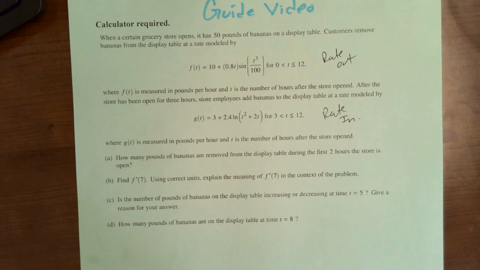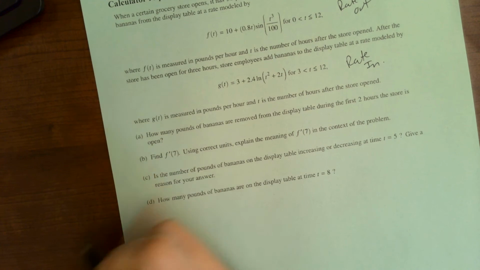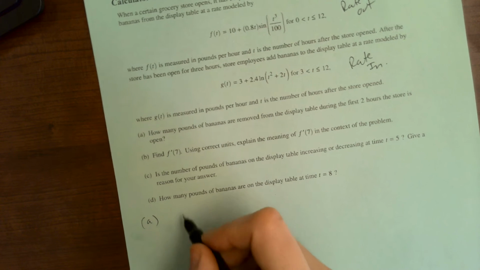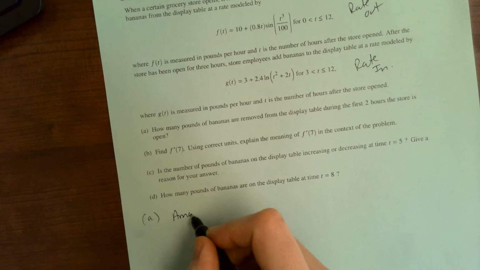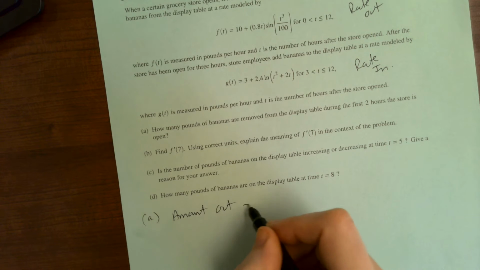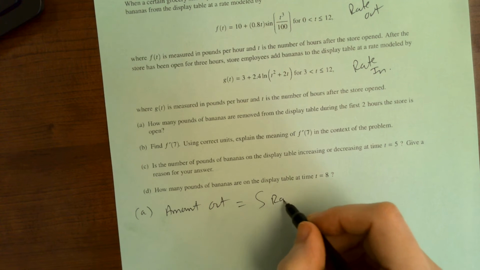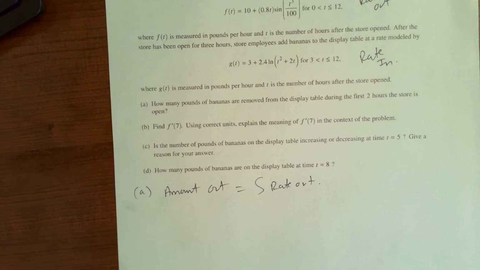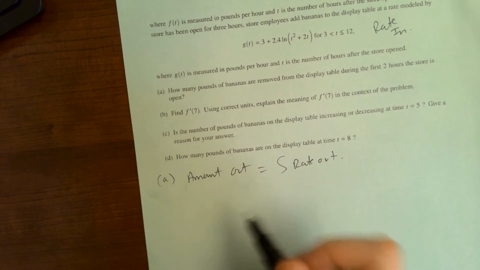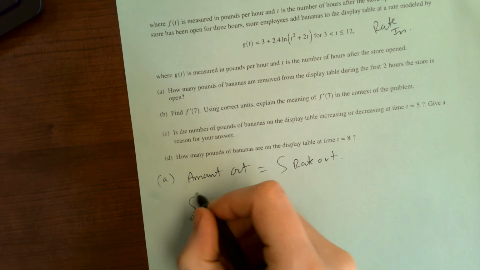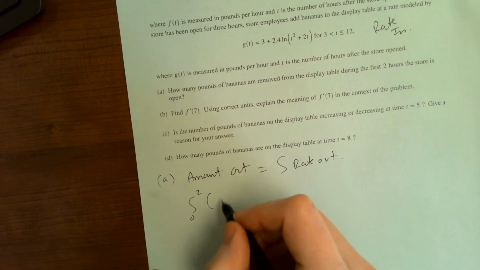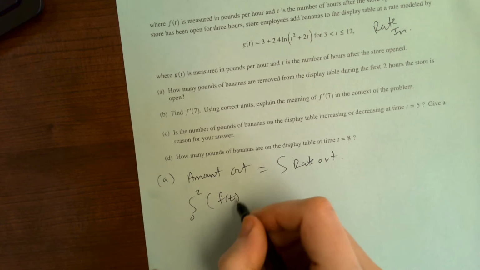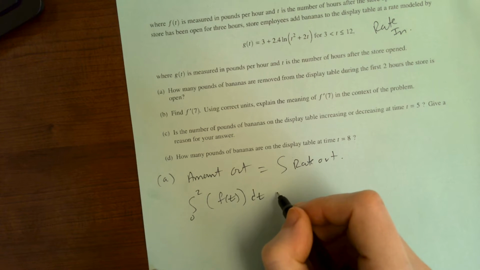Okay, so what we need to know for A is that the amount out is going to be equal to the integral of the rate out. Okay, so I'm just going to do the integral from 0 to 2 of f of t, dt.